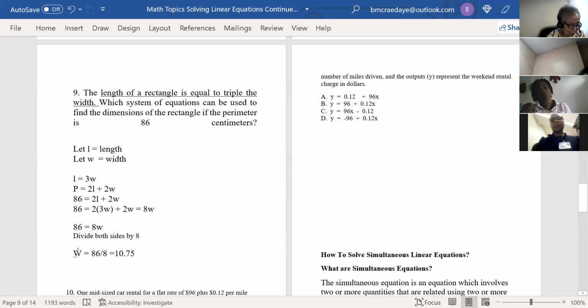Multiply 10.75 by 3. Yeah, because we said the length was 3 times the width. So length equals 3W, 3 times 10.75. And that's equal to what? 32.25. Yeah.